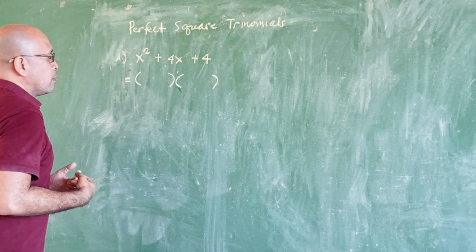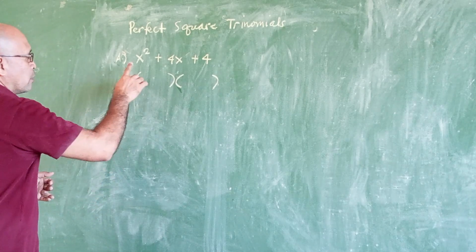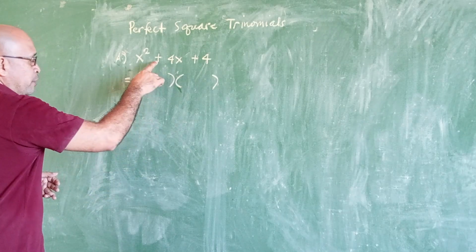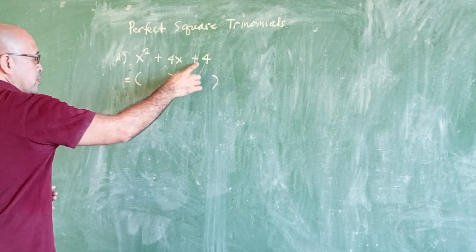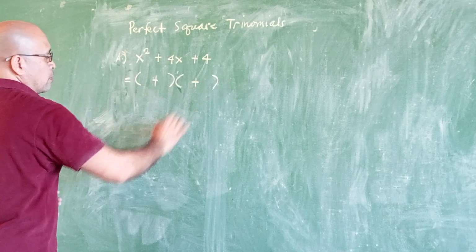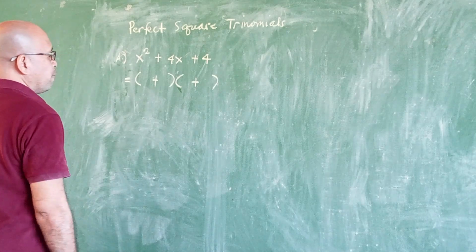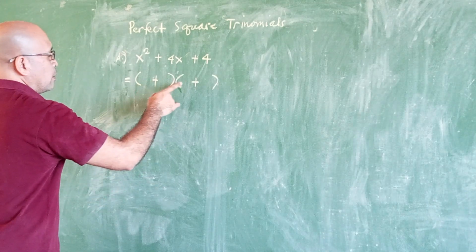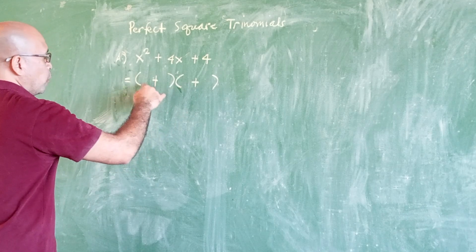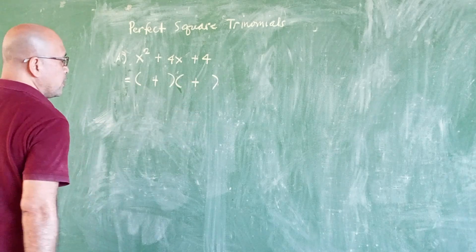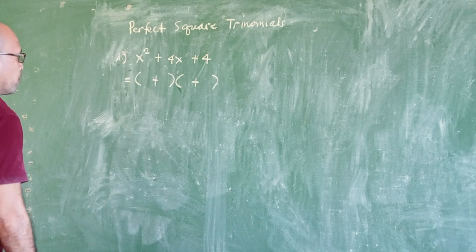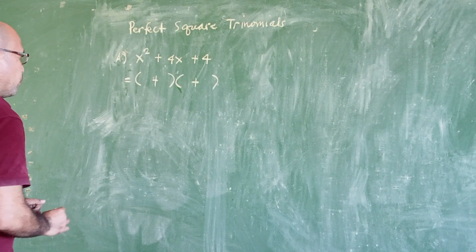Okay, here, the first technique is that when you factor a perfect square trinomial, if the second term is plus and the last term is plus, then in the first binomial and the second binomial, the operation being used for the first factor and the second factor is also plus.